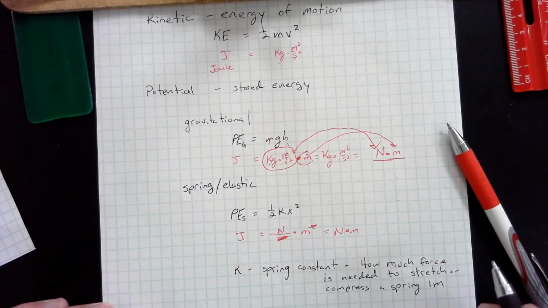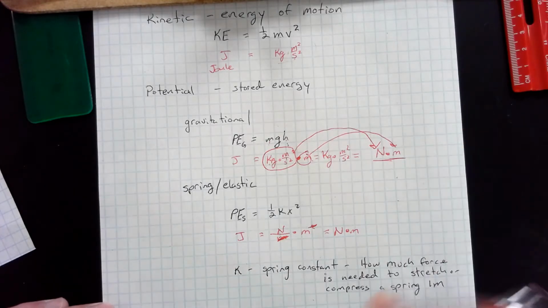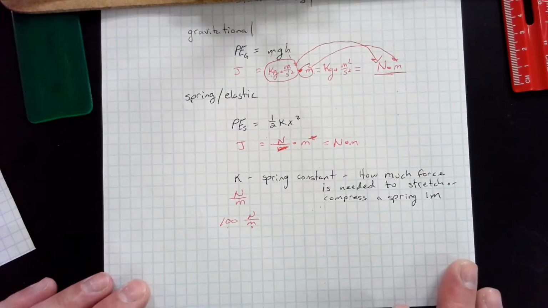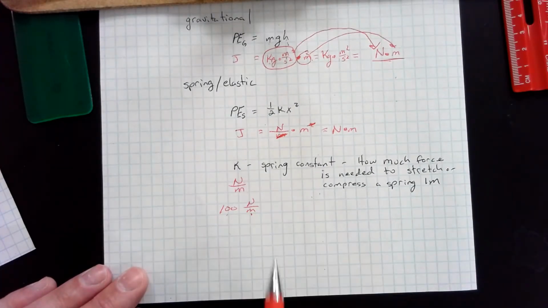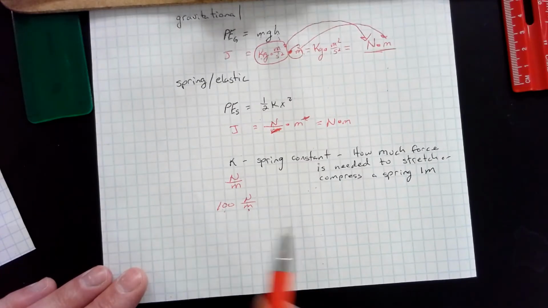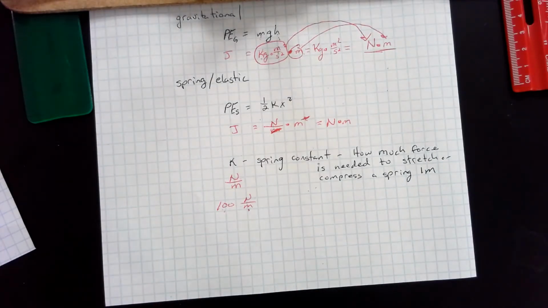Its units are newtons per meter. So if I had a spring constant of 100 newtons per meter, that would mean in order for me to squash that spring 1 meter, I would have to exert 100 newtons. Sorry, that was out of frame. Okay, so units, newtons per meter, 100 newtons per meter, 100 newtons it takes to stretch or compress a spring 1 meter.